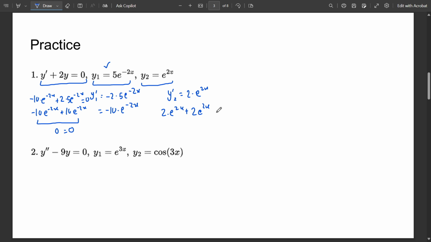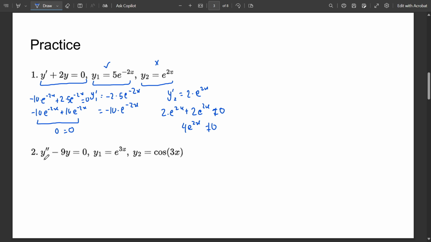As you can see, does this equal 0? No, right? This does not equal 0 because it equals 4 times e to the 2x, which is not equal to 0. So this is not a solution to this given differential equation.